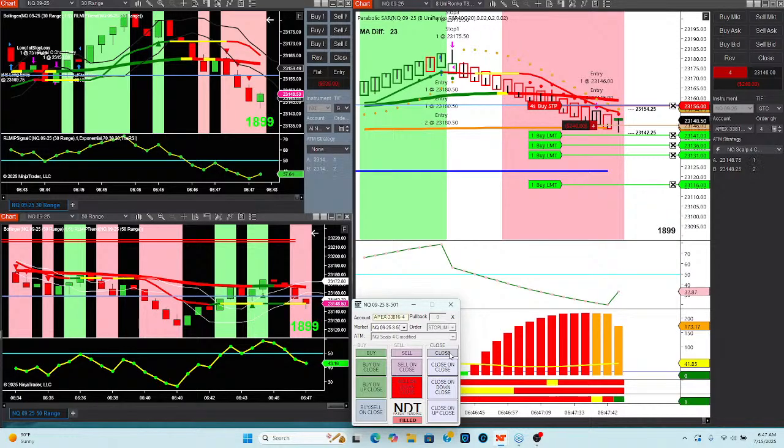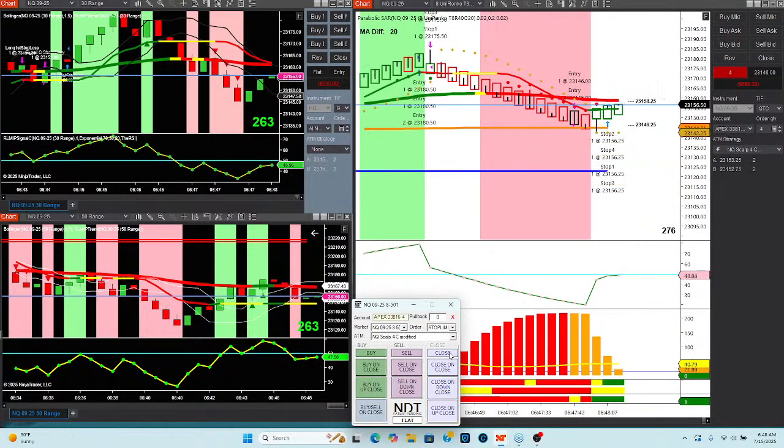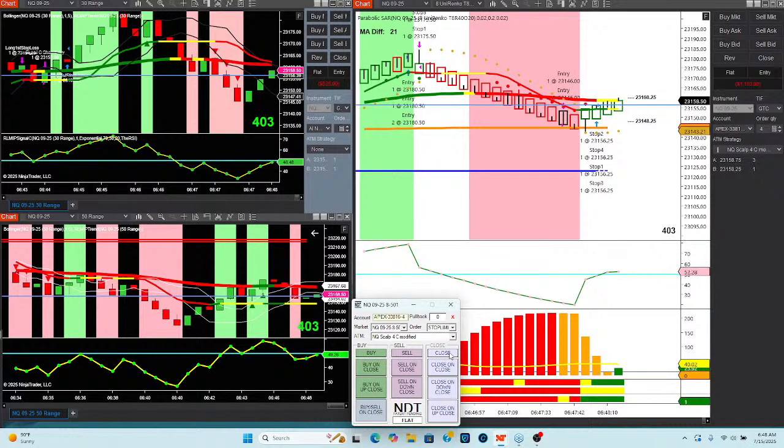Took it right into the VWAP, and right into a flat 50. This is going to burn me. Stop filled. I knew that before. Okay.